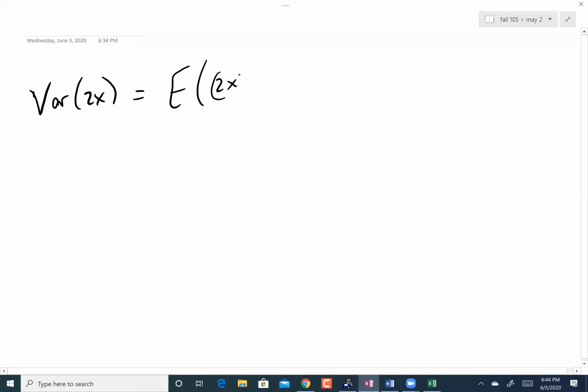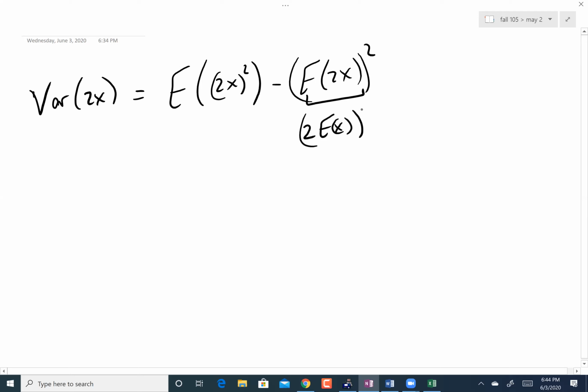Well, if you recall, the variance of 2x is equal to the expected value of 2x squared minus the expected value of 2x, squared. This thing inside is the same as saying 2 times the expected value of x, squared.